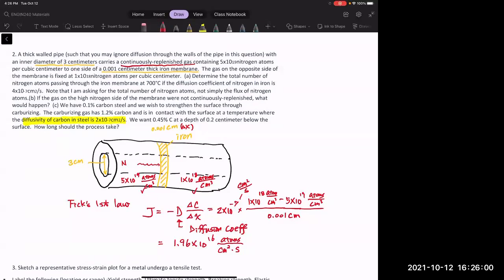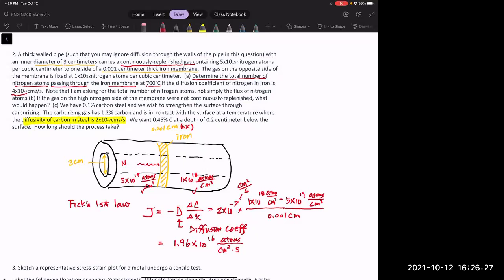But the question is not asking you about the flux. Look at what the question is asking about. We wanted to determine the total number of nitrogen atoms passing through this membrane at 700 Celsius. Oh, by the way, I used the wrong number. I should use 4 times 10 to the -7.